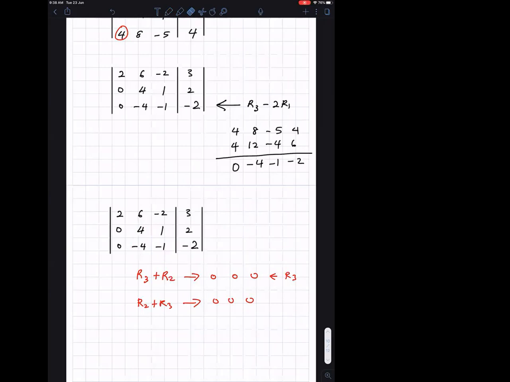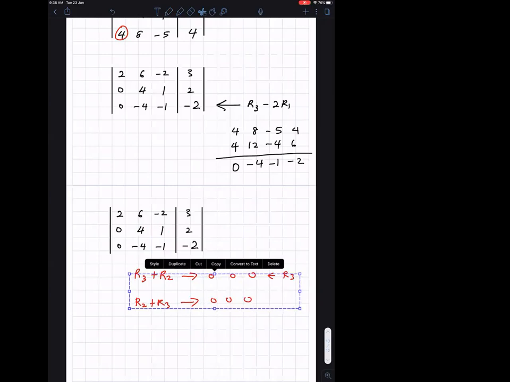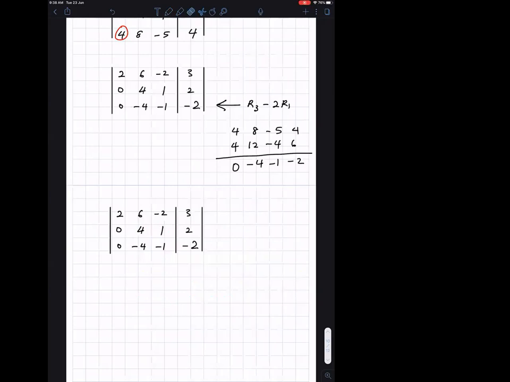So let's try to do it differently this time. As we said earlier, there's no problem. We can always change rows or do whatever. So now I'm going to add row 2 plus row 3: 0, 4, 1, 2 plus 0, minus 4, minus 1, minus 2.